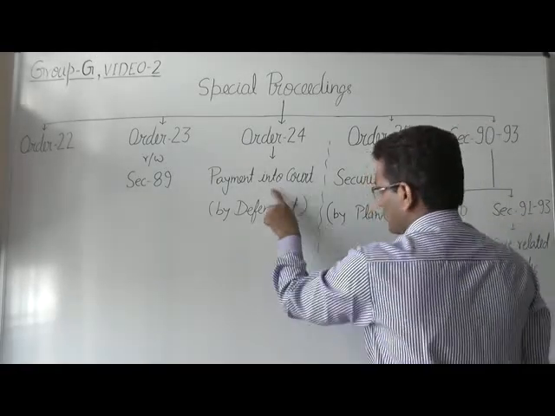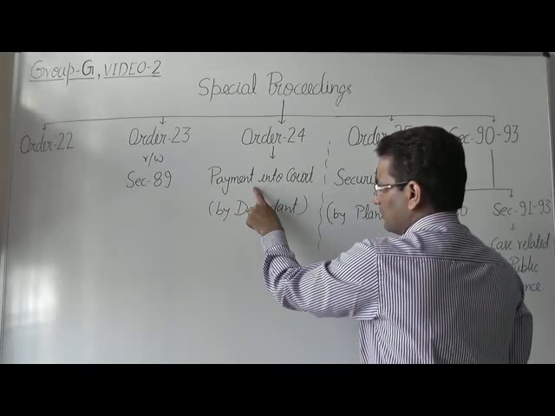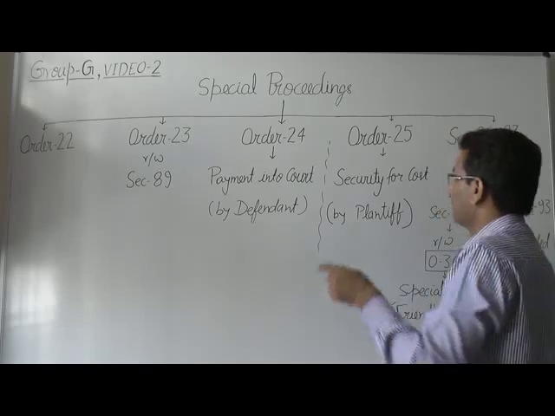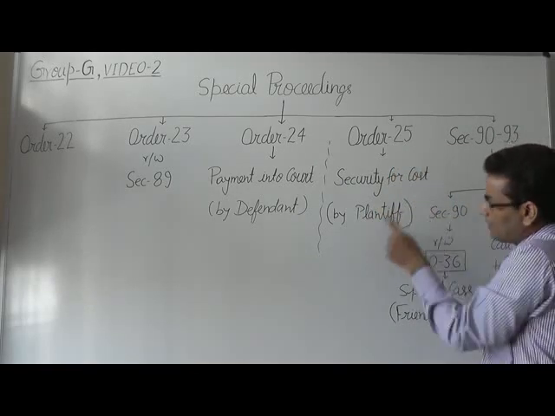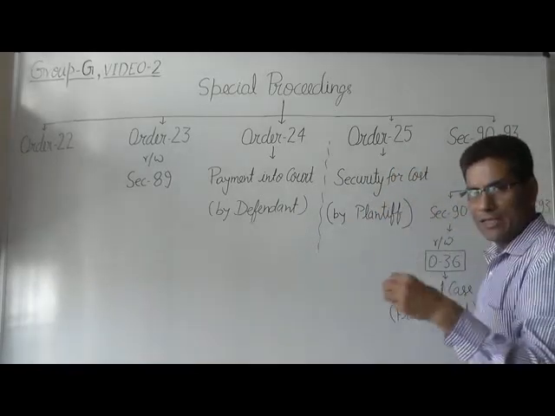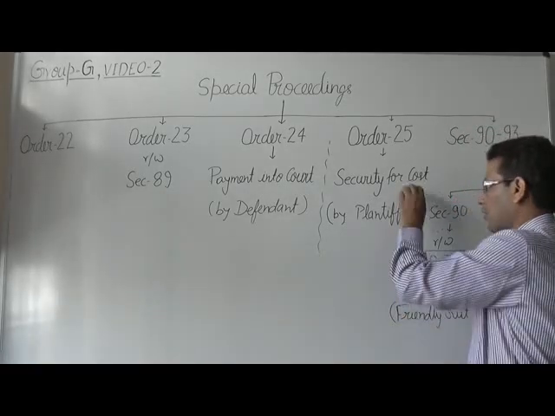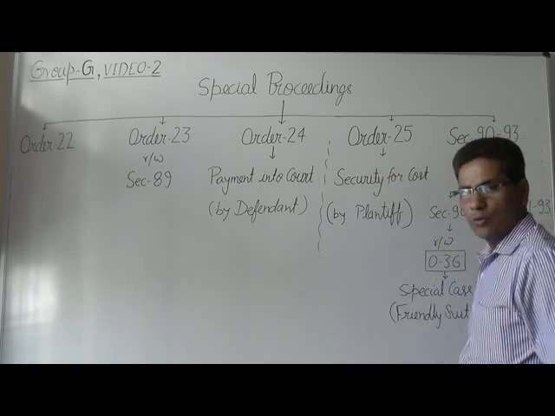The defendant makes the payment against the claim made by the plaintiff. Under Order 25, it is the plaintiff who gives security for cost to the court.